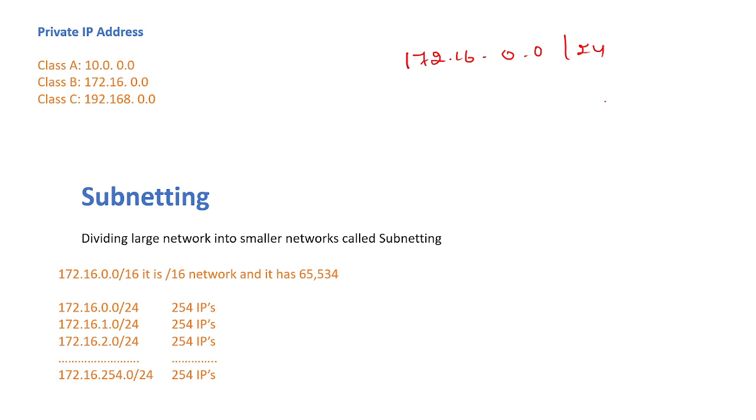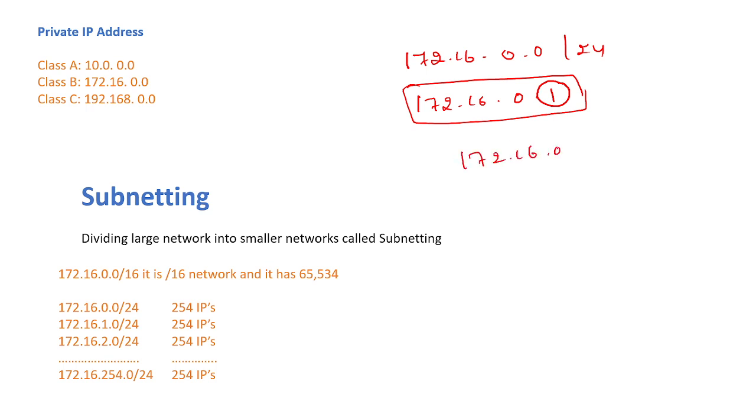This is the class of the IP address. If you want to see what the gateway would be, it would be 172.16.0.1. Only consider the last part. 99% of the time this will be your gateway. 1% of the time it can be the last IP also, 172.16.0.254. It depends on the company.